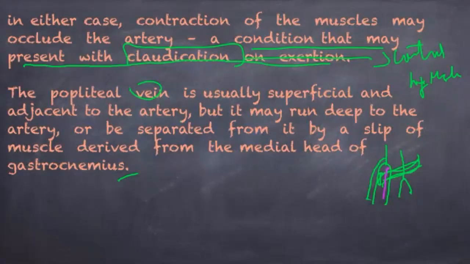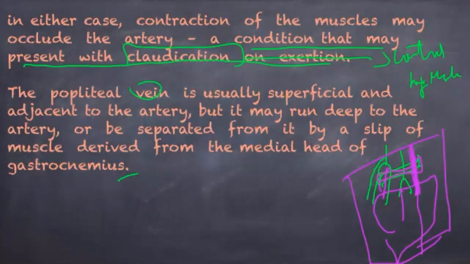Sometimes the artery runs deep to the popliteus and gastrocnemius. In that case, whenever the muscles are contracting, that means whenever we are walking or exercising, the artery is going to be occluded because of the force of contraction. Then the person usually develops pain and intermittent claudication, right? These are all the anatomical variations of the popliteal artery. So while dissecting, sometimes you may encounter some of these variations, right?